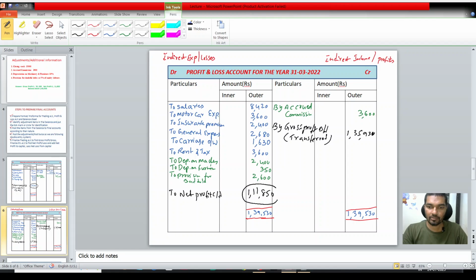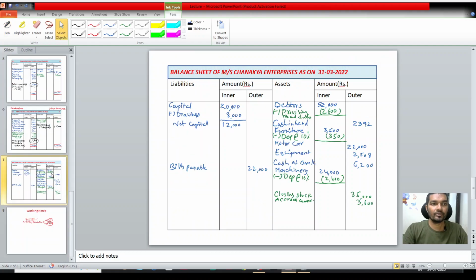This amount we need to transfer to the balance sheet. Sometimes the debit side balance is more than the credit side balance. In that case we'll get net loss.